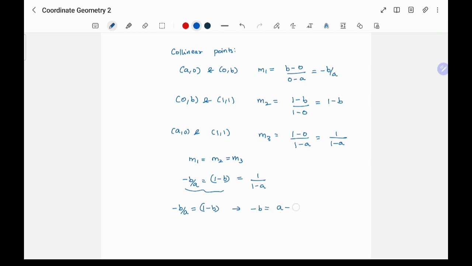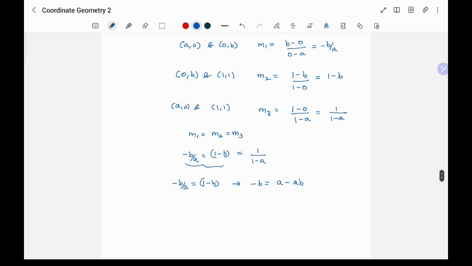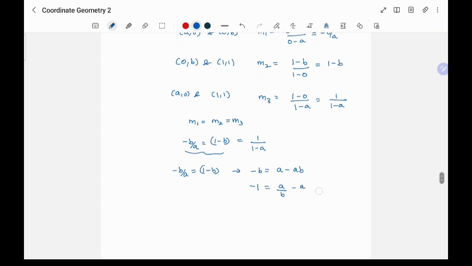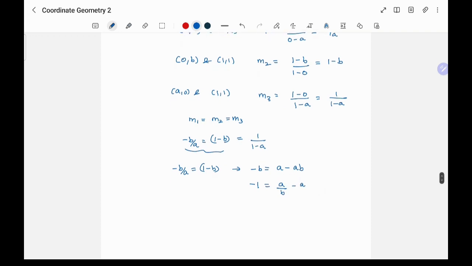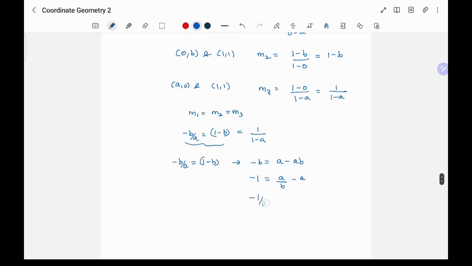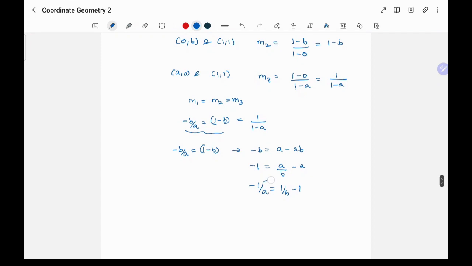Minus b is equal to a minus ab. Now let's divide by b on both sides. So we'll have minus 1 is equal to a by b minus a, right? Again, if we divide by a, so minus 1 by a is equal to 1 by b minus 1. If we take this side and bring this side, we have 1 is equal to 1 by a plus 1 by b.